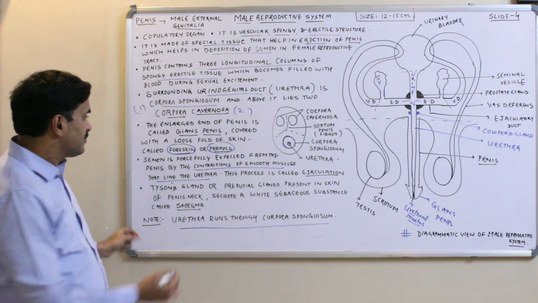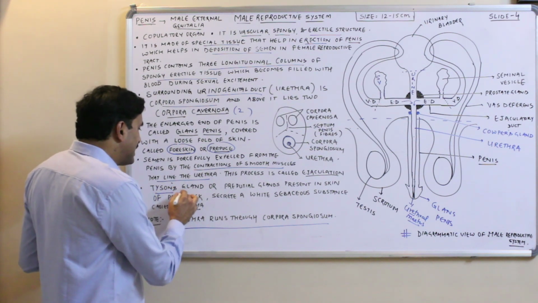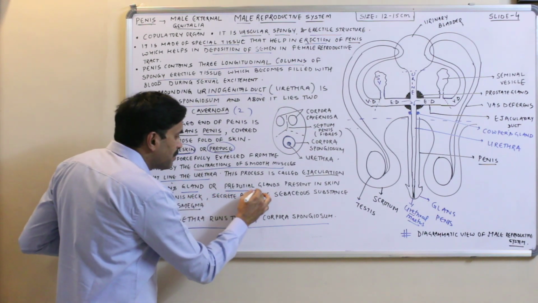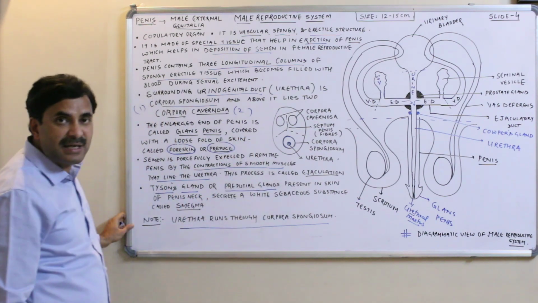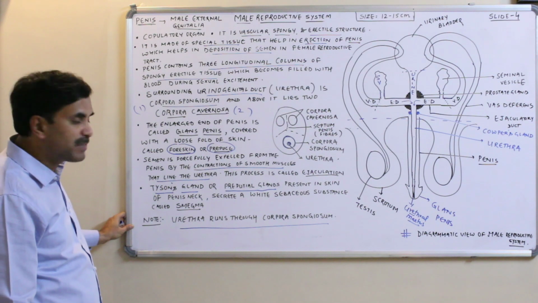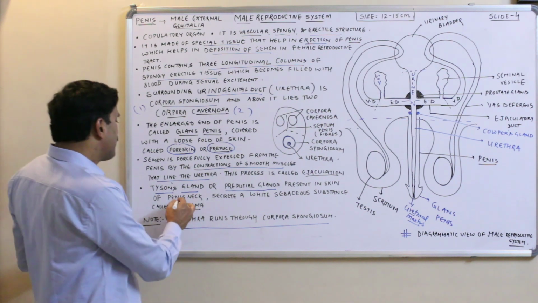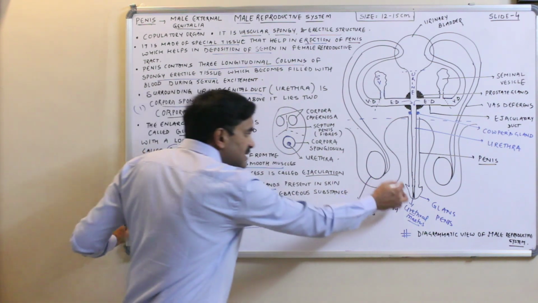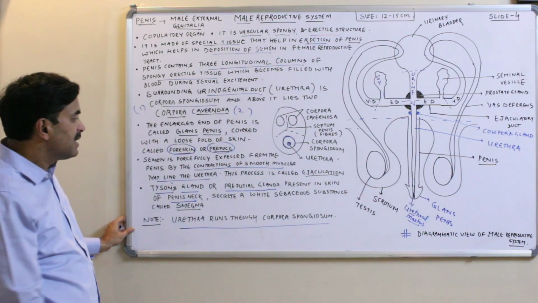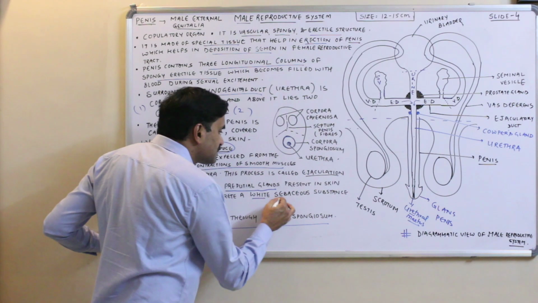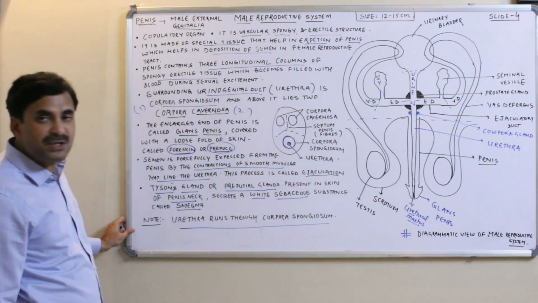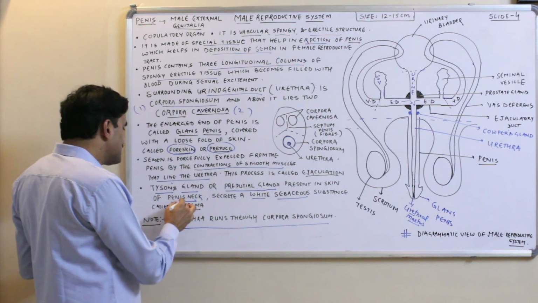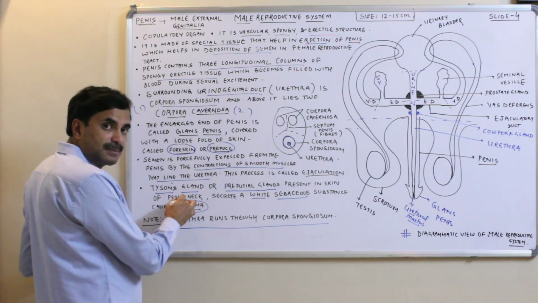Okay, and Tyson gland, remember this thing, this is new for you. Tyson glands or preputial glands are present in the skin of the penis neck, and they secrete a white sebaceous substance which is called the smegma.